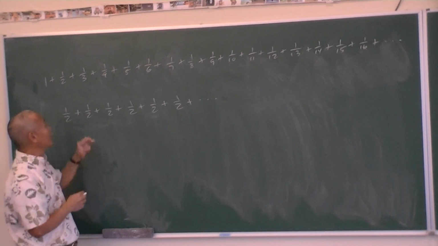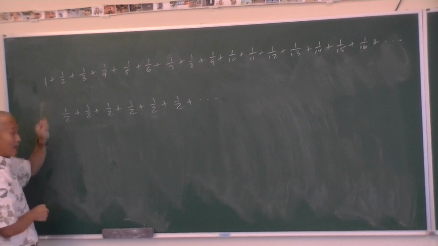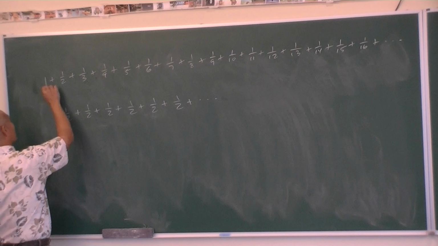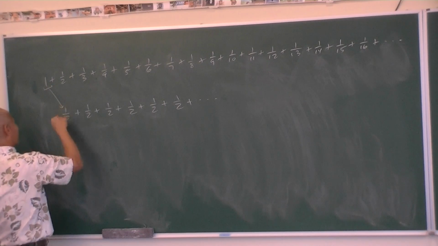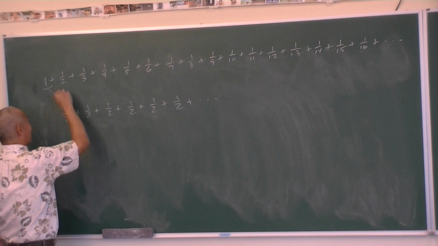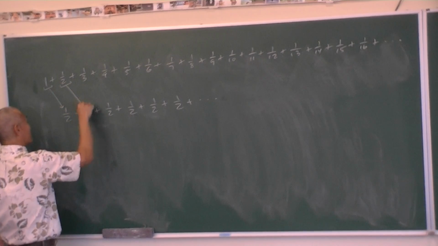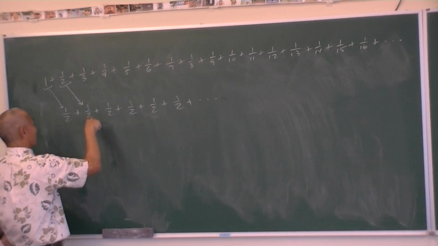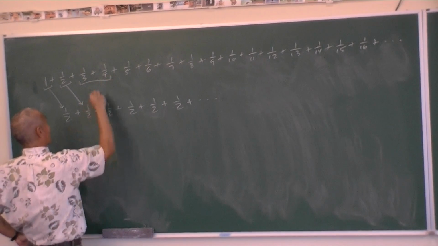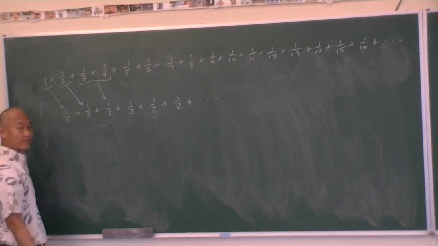Okay, watch this. This is beautiful now. Would you agree that 1 is bigger than a half? Would you agree that 1/2 neutralizes that half? Okay, now here, this is where it starts. If I add the next two terms, that's bigger than a half.